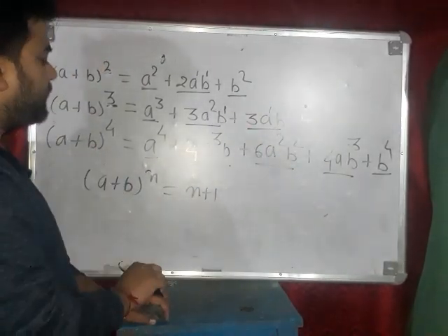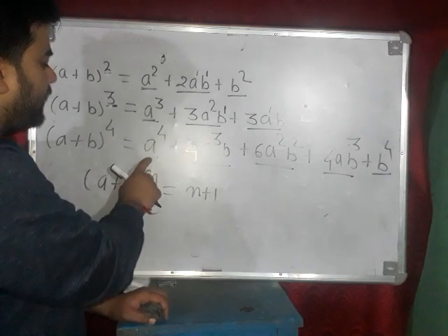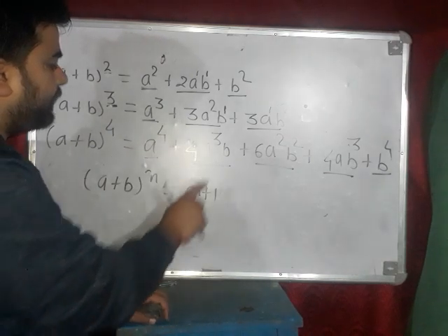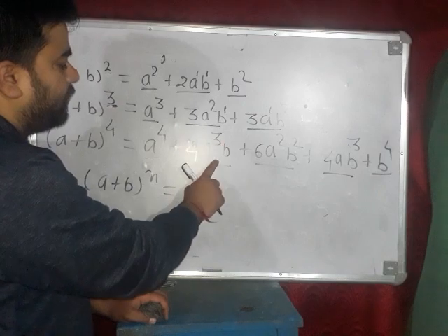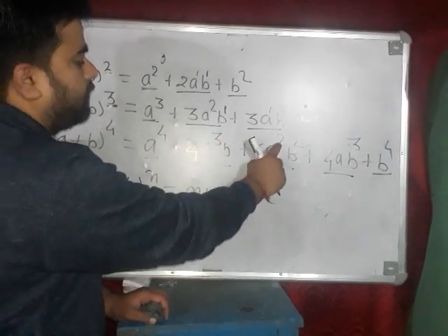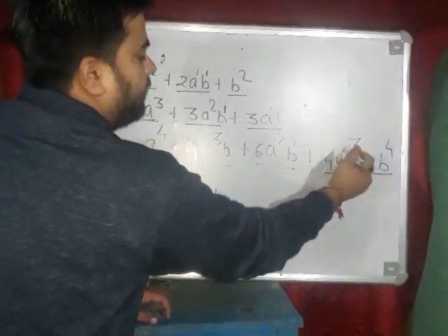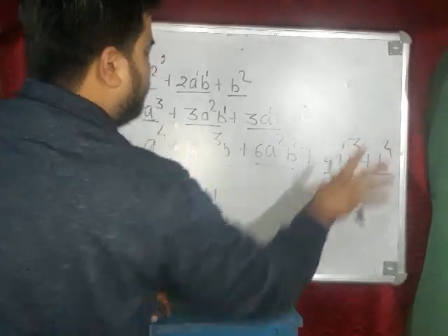In (a + b) to the power 4, a to the power 4 gives 4, 3 + 1 = 4, 2 + 2 = 4.